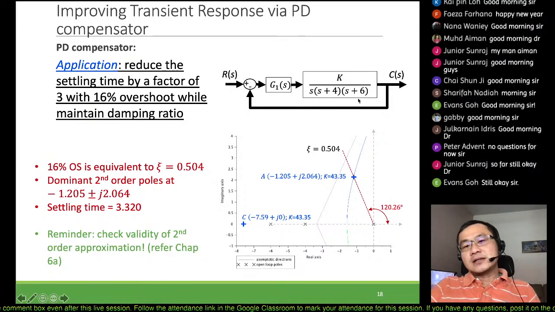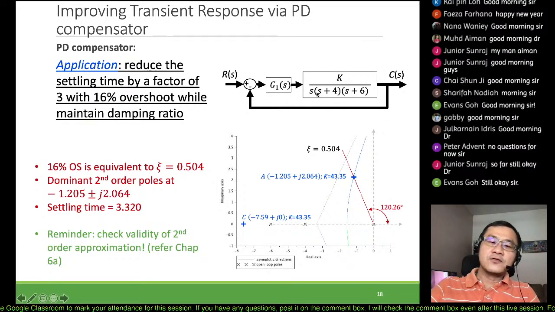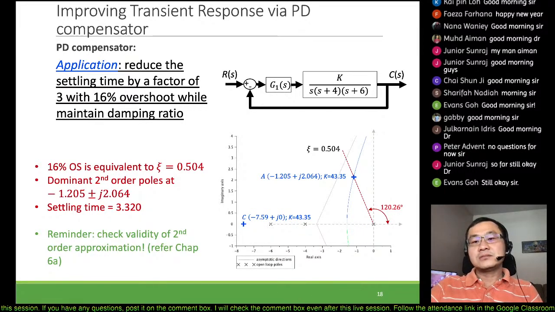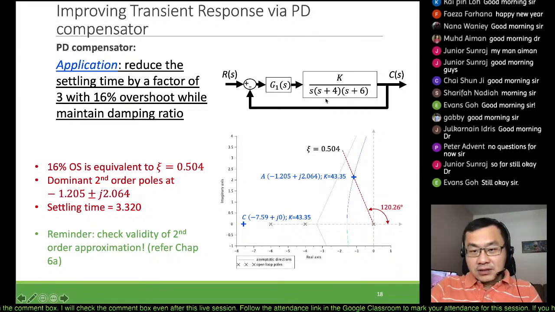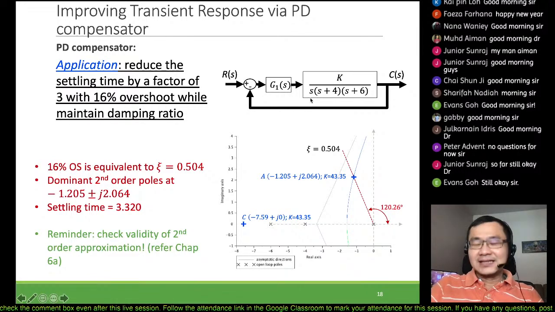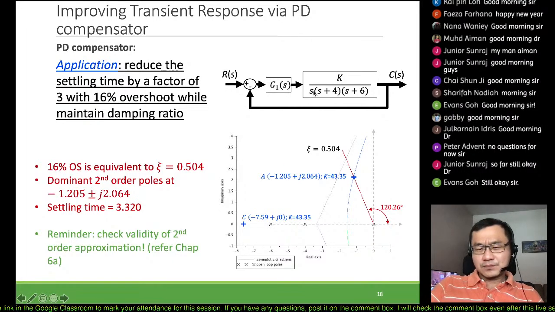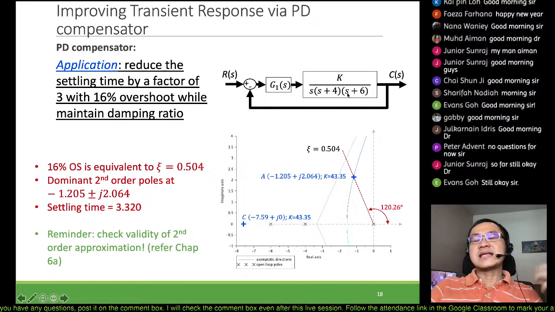Since this is a first order system, no, sorry, this is a third order system, okay, type 1 but third order system, which has the s to the power of 3, but we would want to assume it as a second order system.